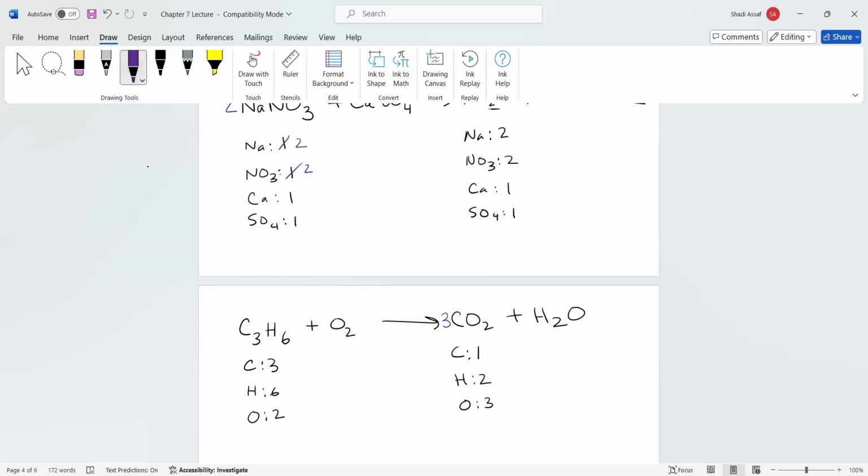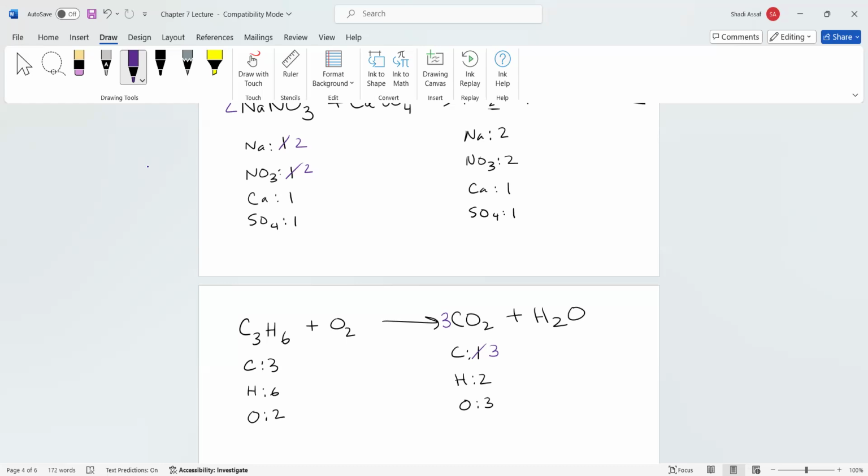So in this case, we put a 3. That changes this to a 3. Now, the oxygen also changed because now you have 3 times 2, which is 6, plus 1, and you have 7.